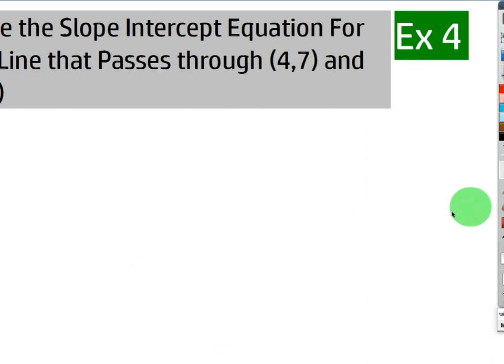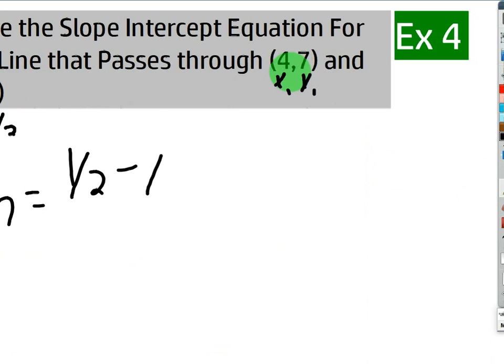Okay. This one's the opposite. In this problem, both of the y values are 7. The x values are different. We're going to go through the steps. This is x1, y1, and this is x2, y2. Does anybody remember what the slope is when the y values are the same?